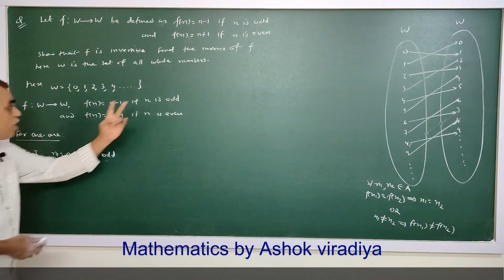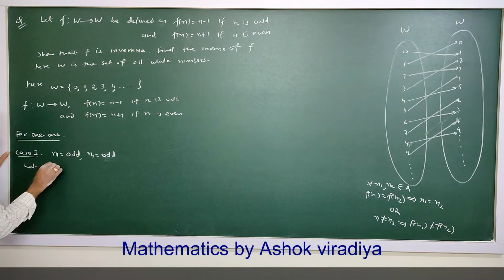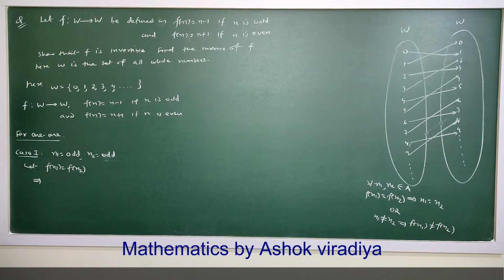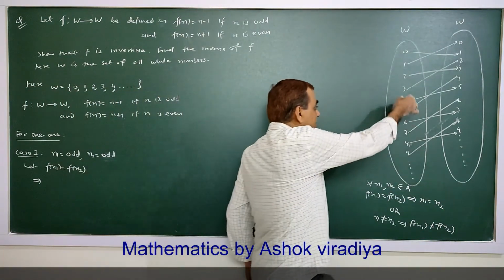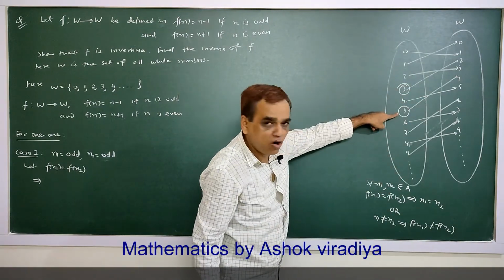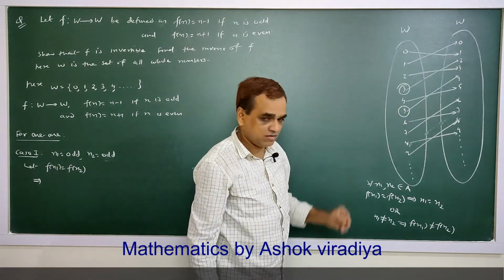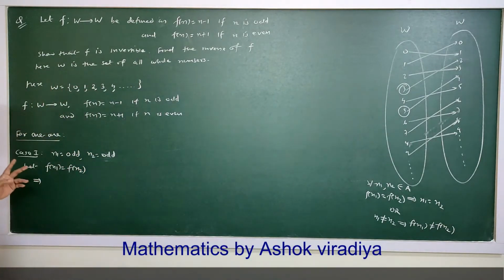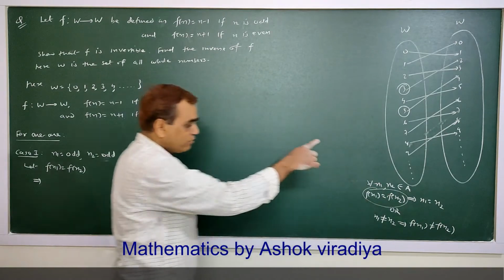So if both are odd, then beginning from f of n1 equal to f of n2, say n1 is odd, n2 is odd. Suppose that f of n1 equal to f of n2, we are going to prove n1 equal to n2.